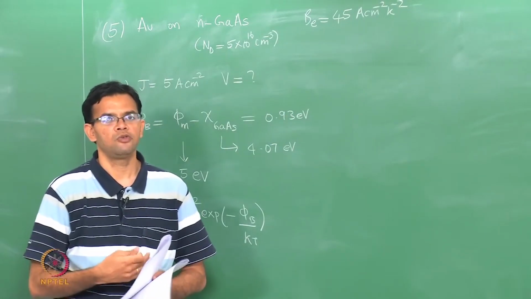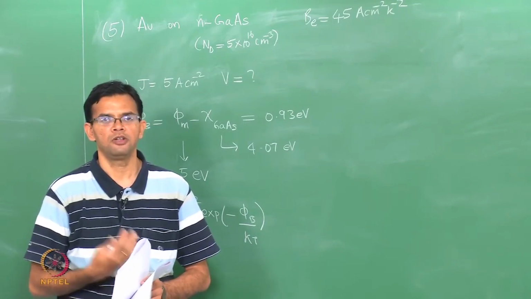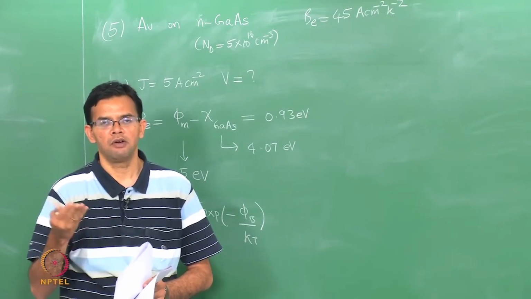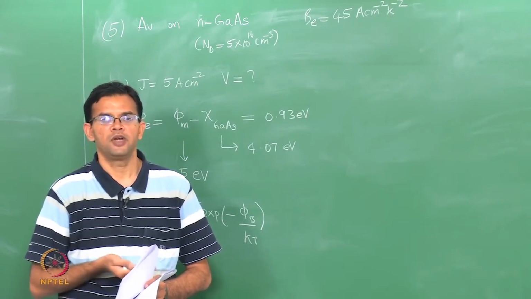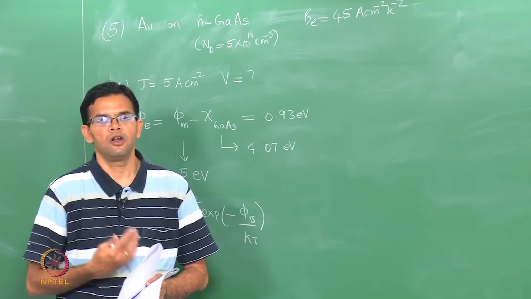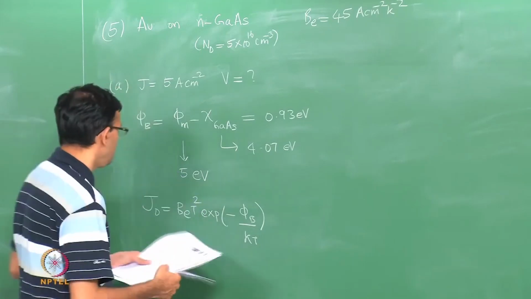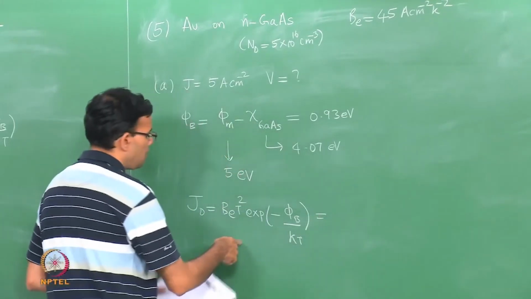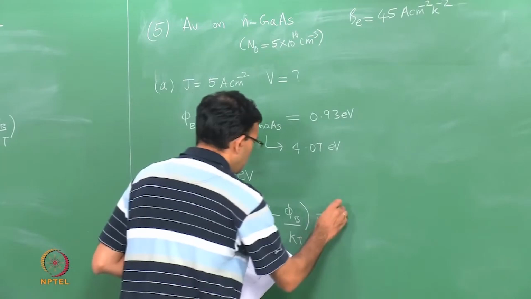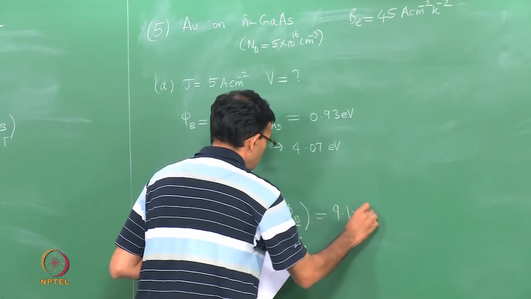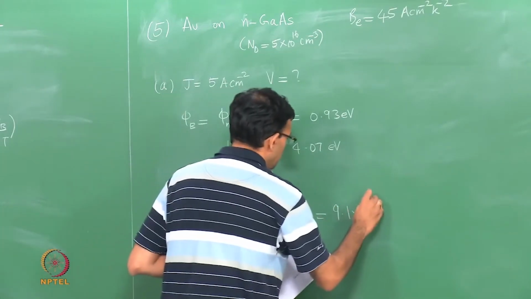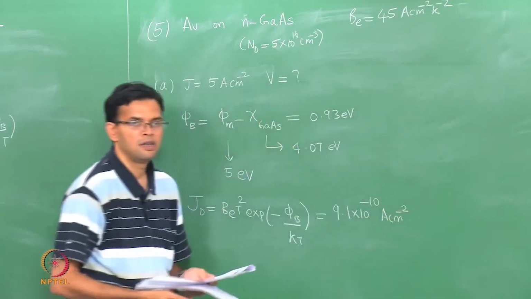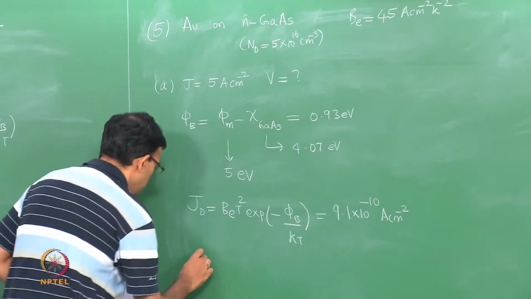BE is not only a material property, it also depends upon what facet of the material you have. Whether you have a 100 plane or a 110 or a 111, that will also affect the value of BE. So, J naught is a number we can calculate, all the numbers are known. This is nothing but 9.1 times 10 to the minus 10 ampere per centimeter square.